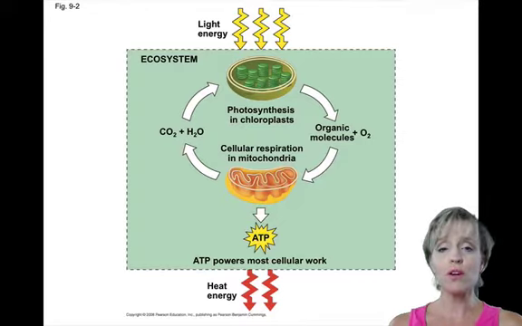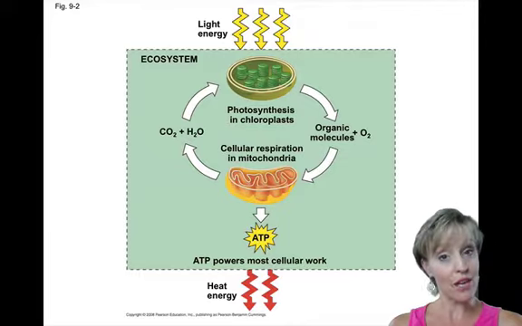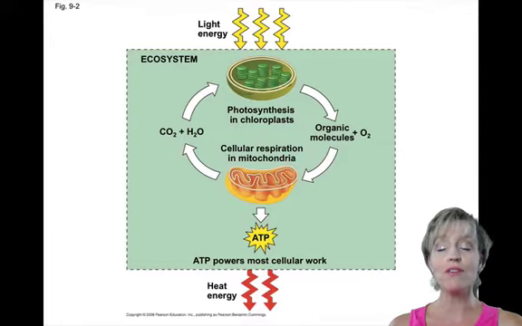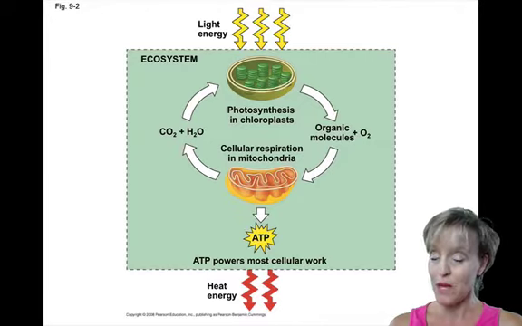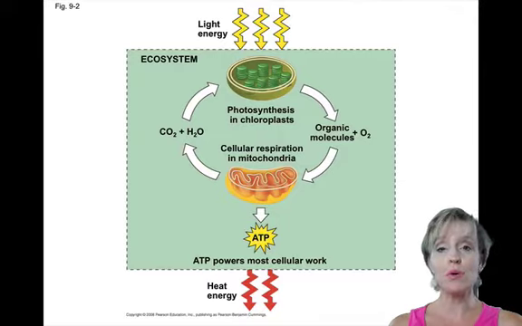Those autotrophs are going to take in, look at the 9 o'clock position, carbon dioxide and water, and literally the energy from the sun is going to take apart the carbon dioxide molecules. It's going to take apart the water molecules and literally put them in a different configuration, so that in the end we end up with organic molecules and oxygen.